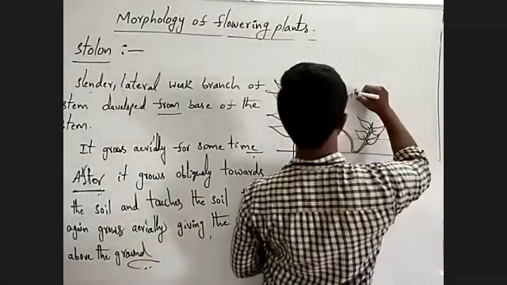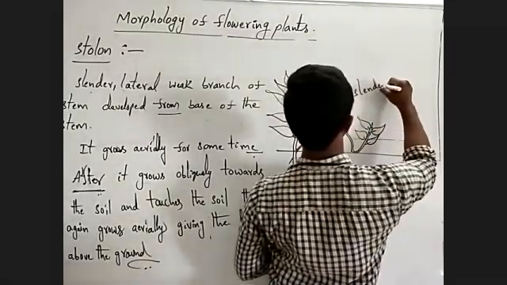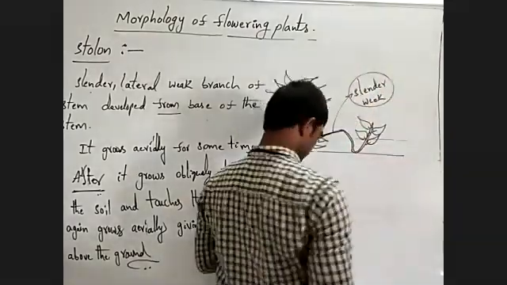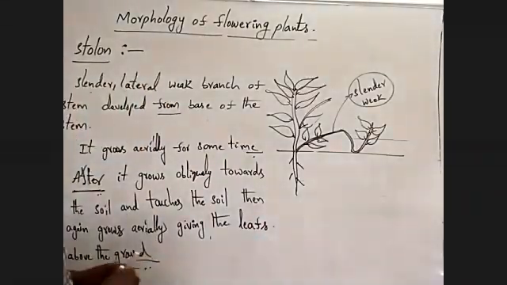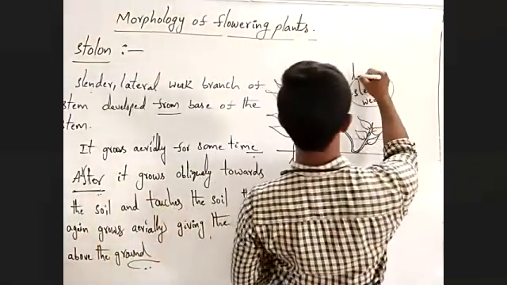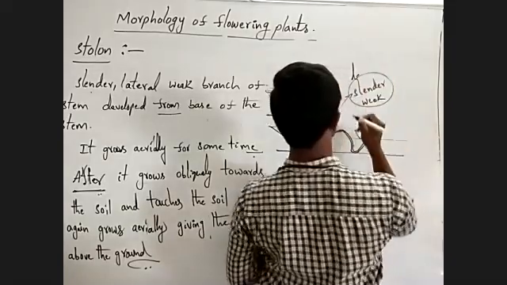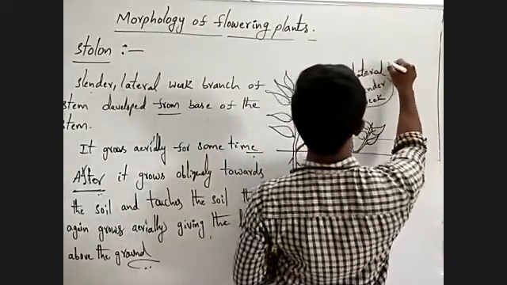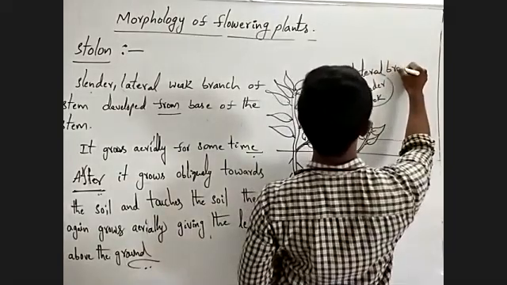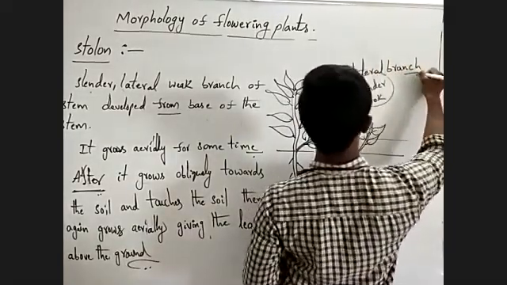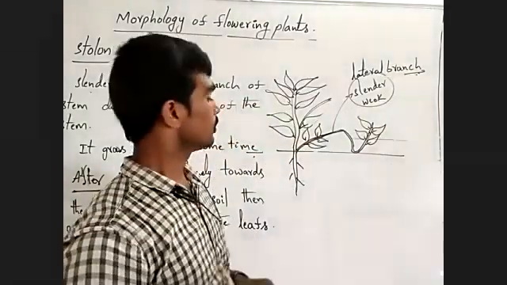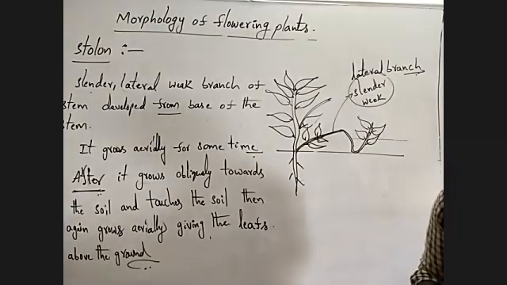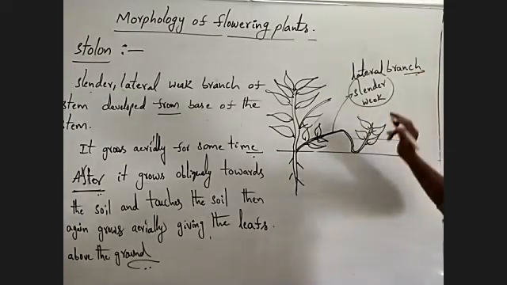This weak lateral branch is usually called stolon.